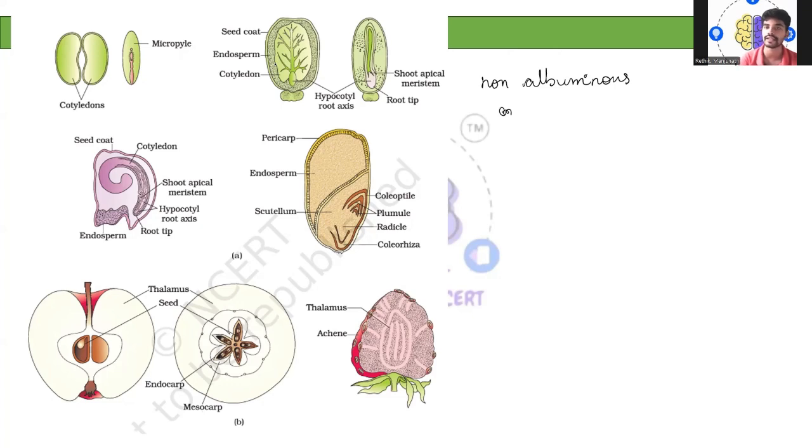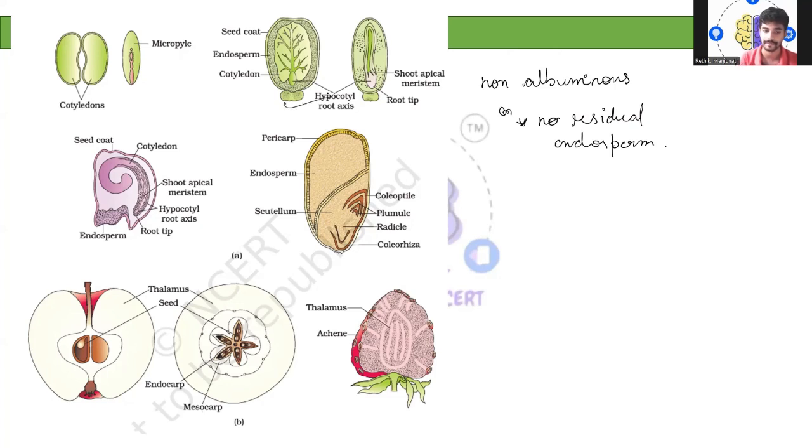So a matured seed may be either non-albuminous. Okay. So a non-albuminous seed will have no residual endosperm, as it completely consumes the endosperm during its development.